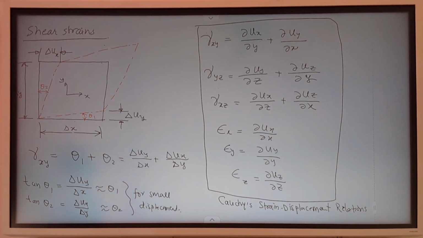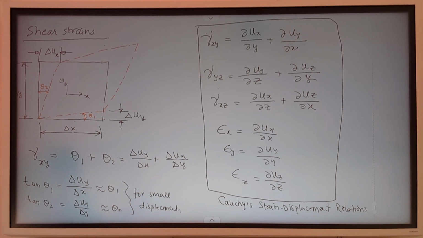Using these equations, at any point in the body you can now calculate the value of strain. Just like stress, strain is also a tensor, and for its full definition at a point you have to define 3 linear strains and 3 shear strains. Those are the 6 components.